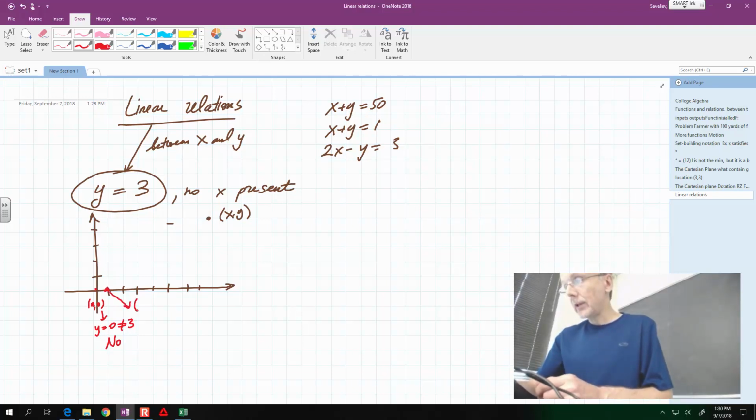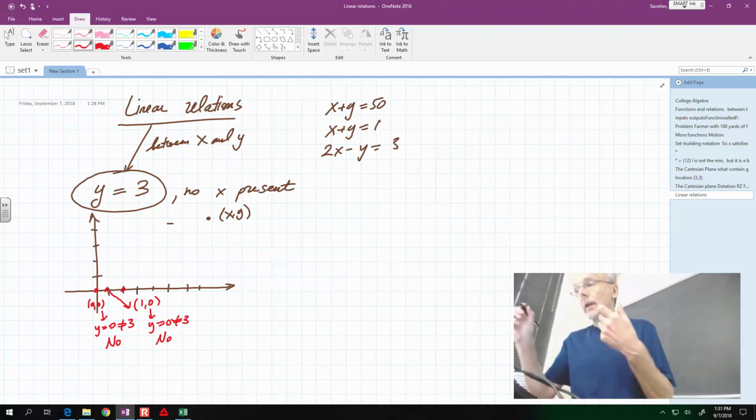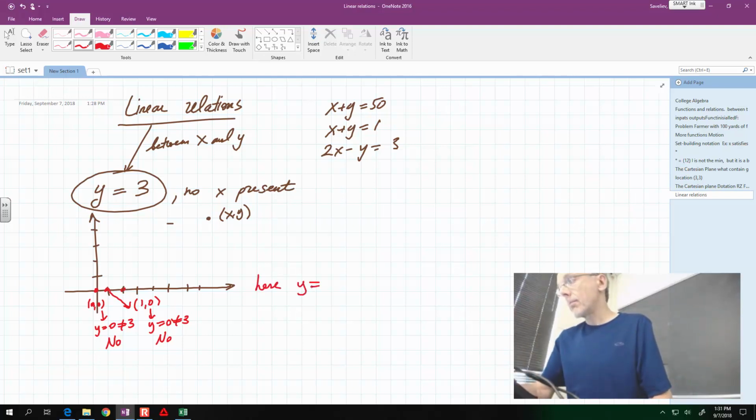Here the point is 1, 0. Still y is equal to 0, still not equal to 3, still no. So once again, red dot, it's not part of the graph. I keep going, and then I have 2, 0, and every point on the x-axis will have y equal to what? 0, so not equal to 3, so no points here.